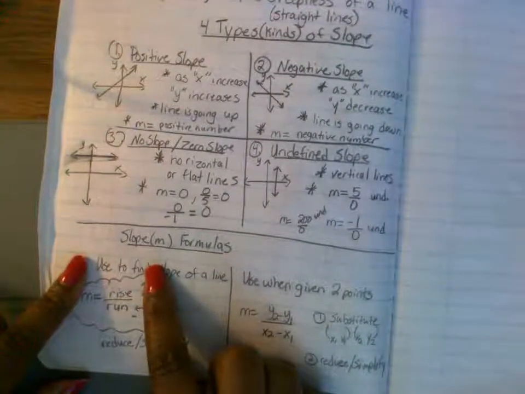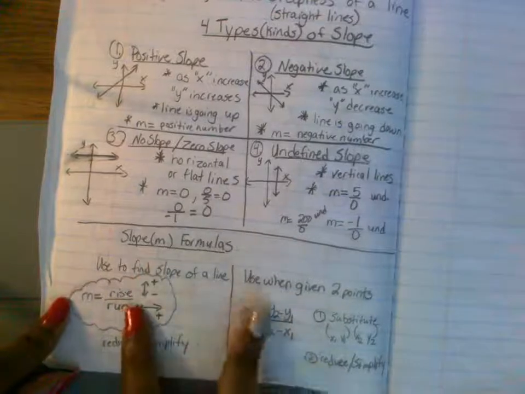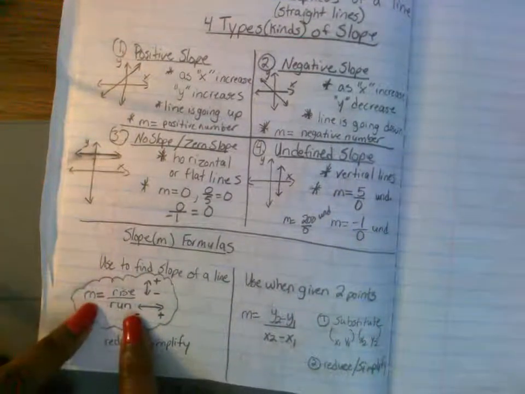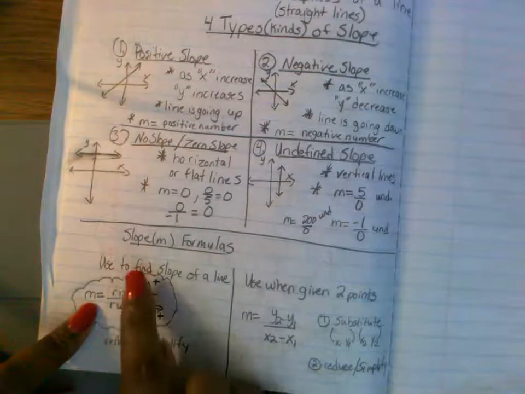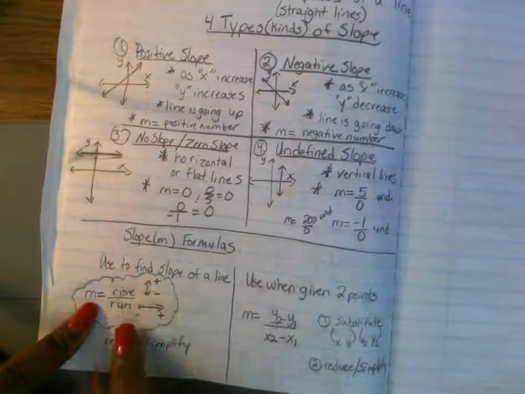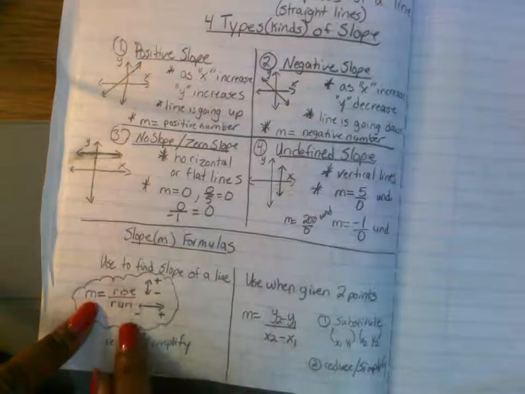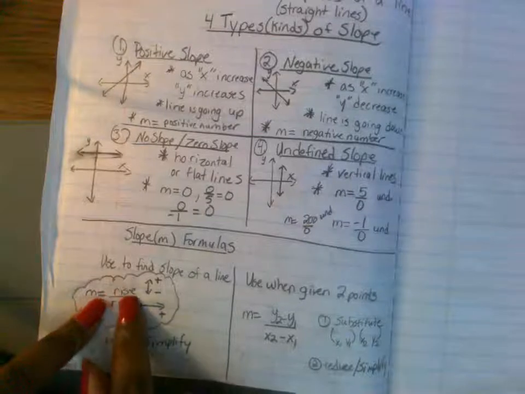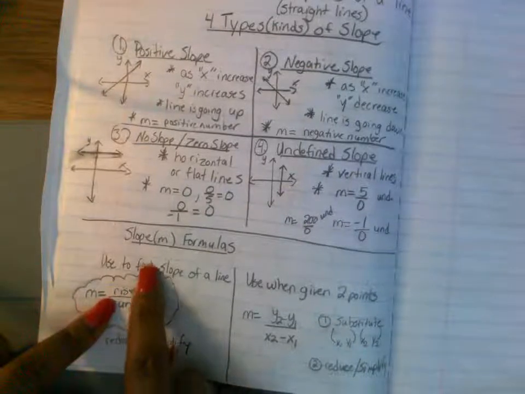Then we talked about the formulas that you use to calculate slope. The formula that we're using right now is rise over run, because we're finding slopes of a line. We're given a line, and so we use rise over run. The rise, or the numerator, is the up or down.